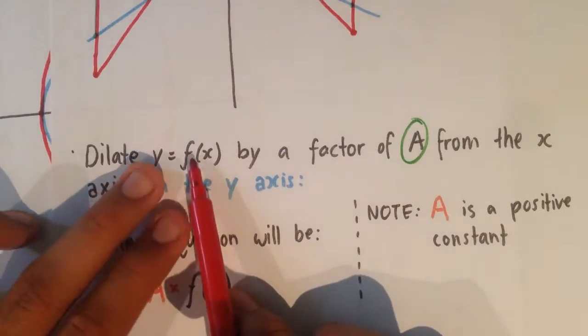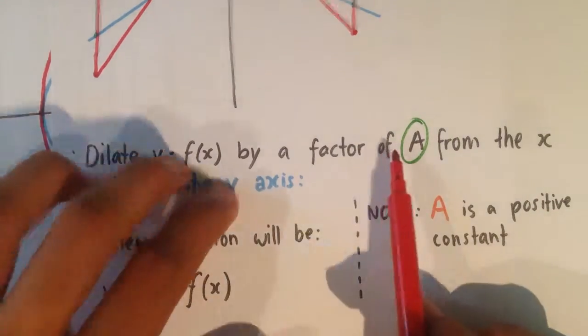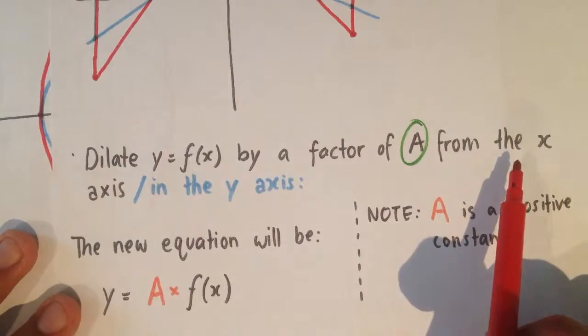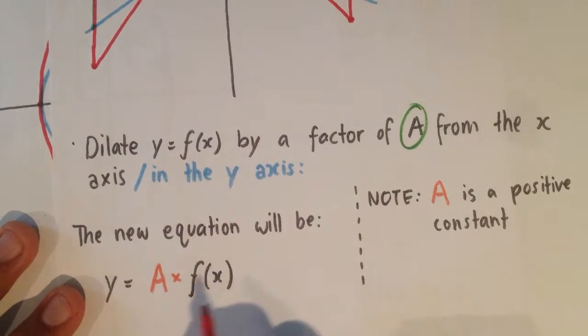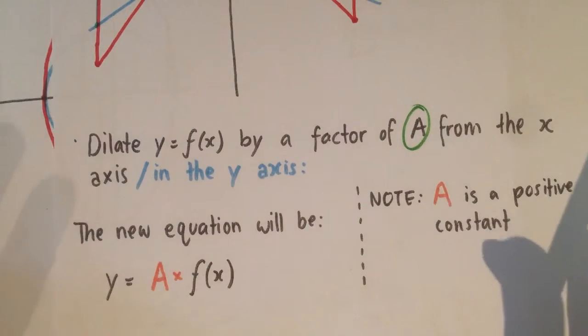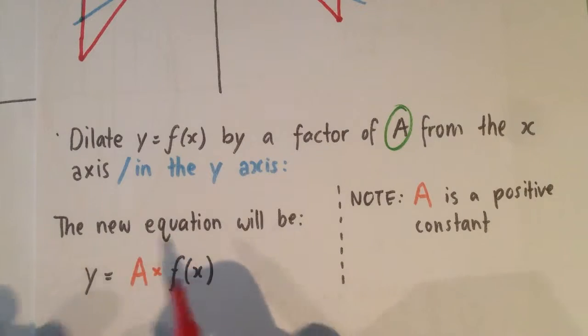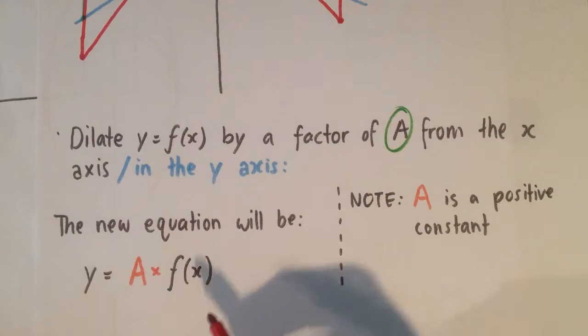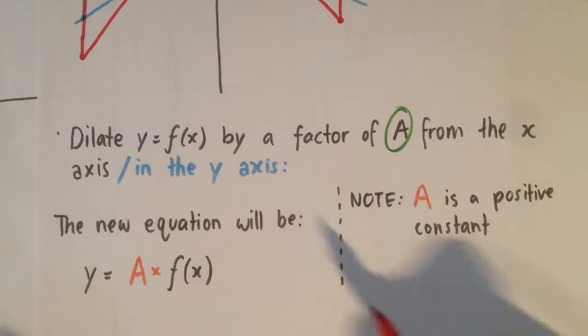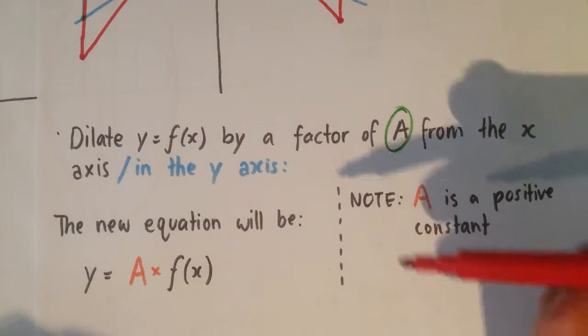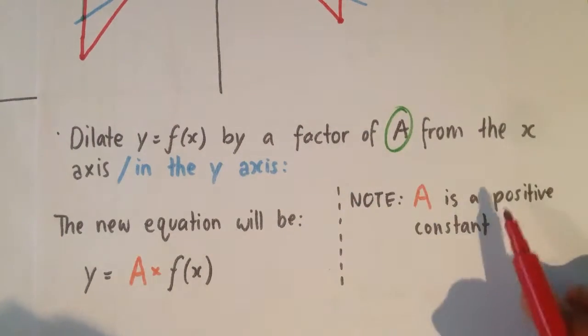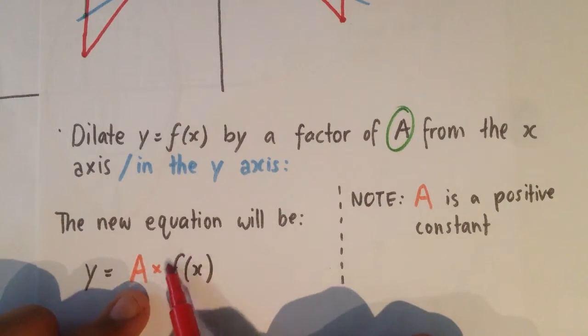So if you dilate y equals f of x by a factor of a from the x-axis, the new equation is a times f of x, okay? That's just a fact. You don't need to know why this is the case. For your curiosity, I will make a video about that and upload the link somewhere here. But as long as you understand this and what's happening graphically, you'll be fine.